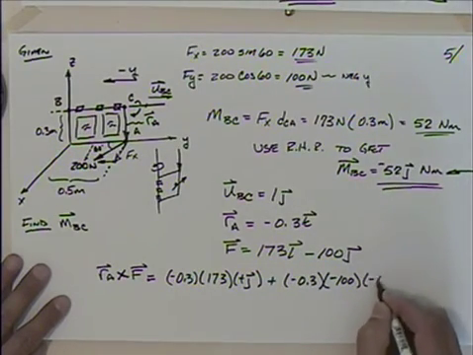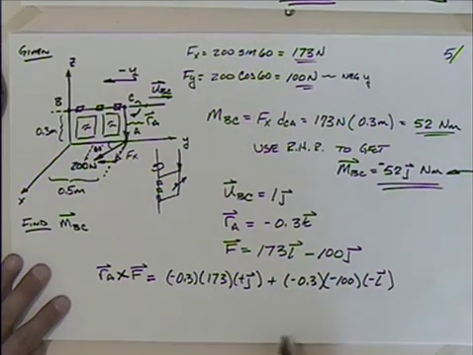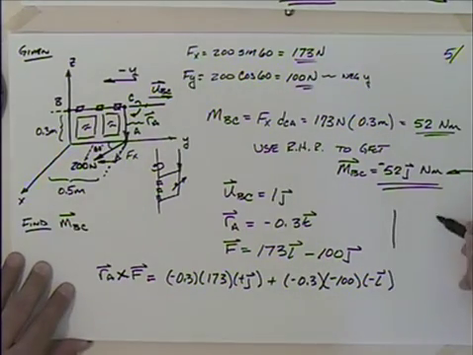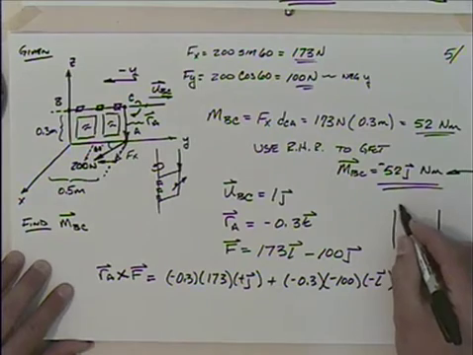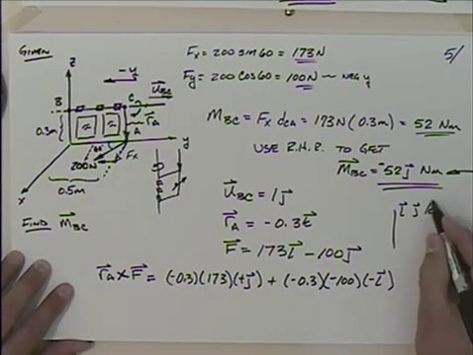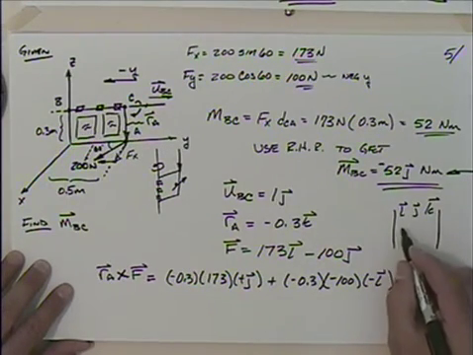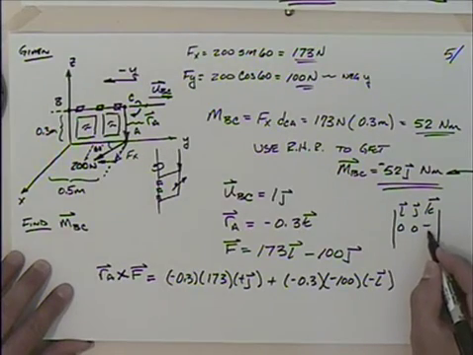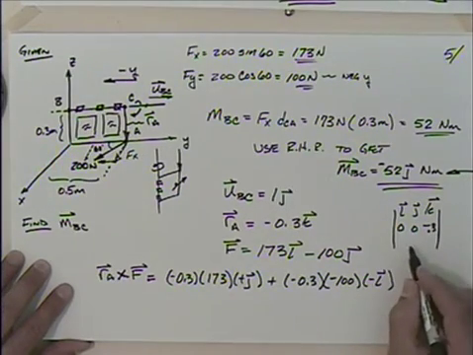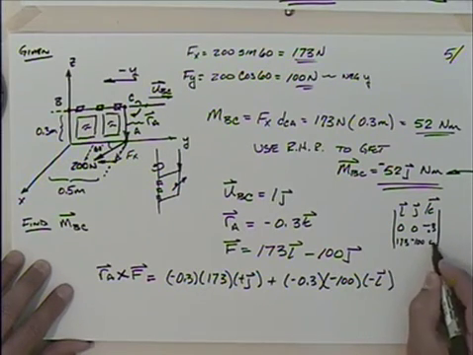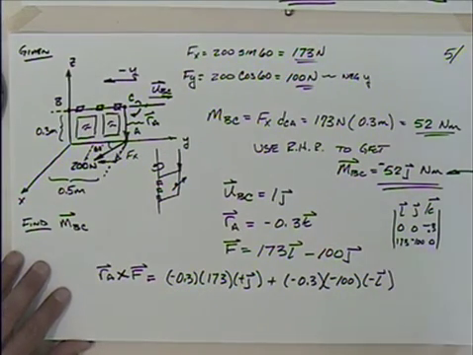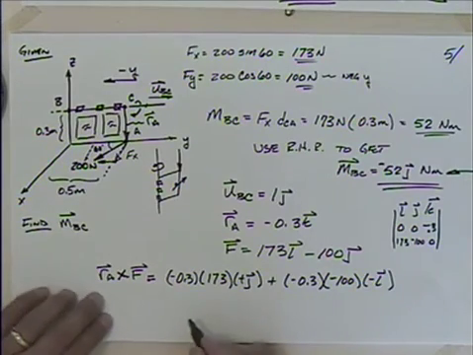That's minus I, isn't it? Okay, and if you're more comfortable doing it in this form, I, j, k, you're going to have 0, 0, minus 0.3, and then 173, minus 100, and 0. That's fine. Throw it in your calculator. You should get exactly the same answer.